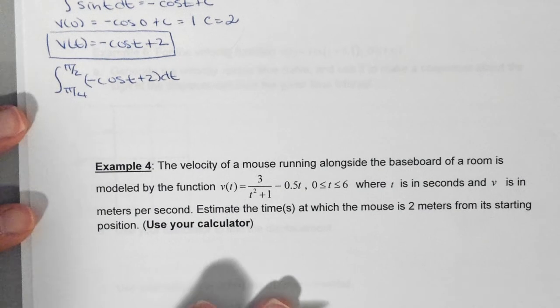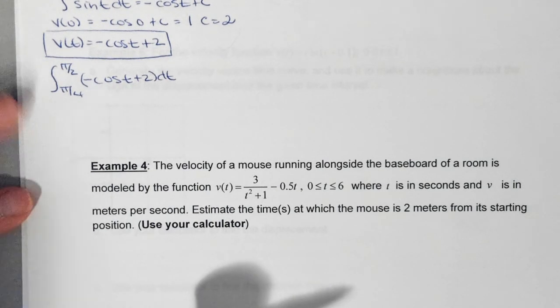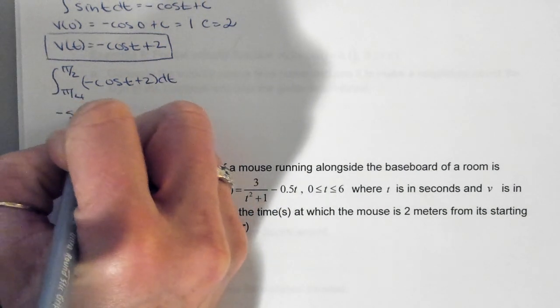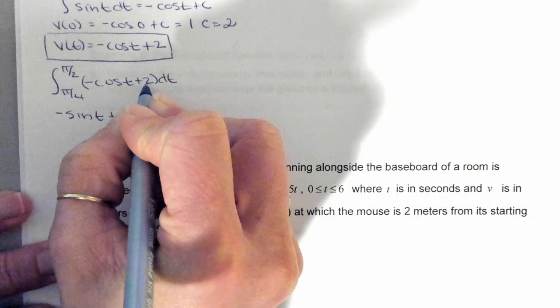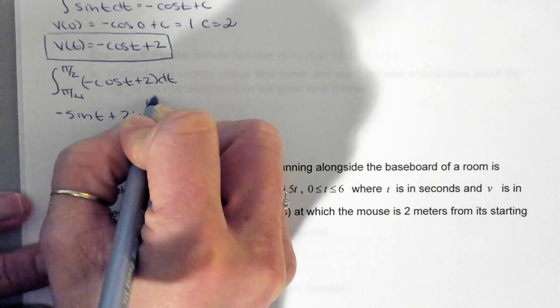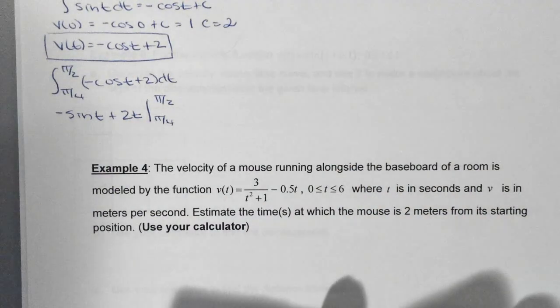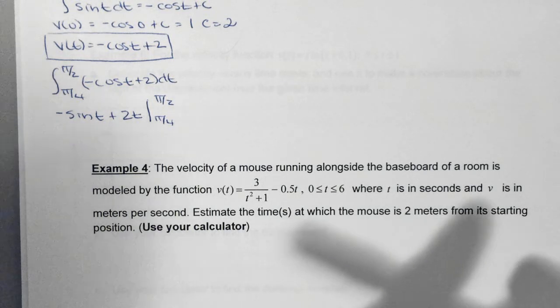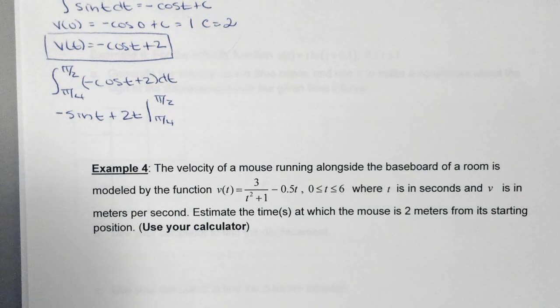Okay, what is the integral of the negative cosine of t? It's negative sine of t. Okay, negative sine of t plus 2t, to be evaluated from pi over 4 to pi over 2. Okay, up to this point, is everybody okay? All right, now we're just dealing with f of b minus f of a, right?